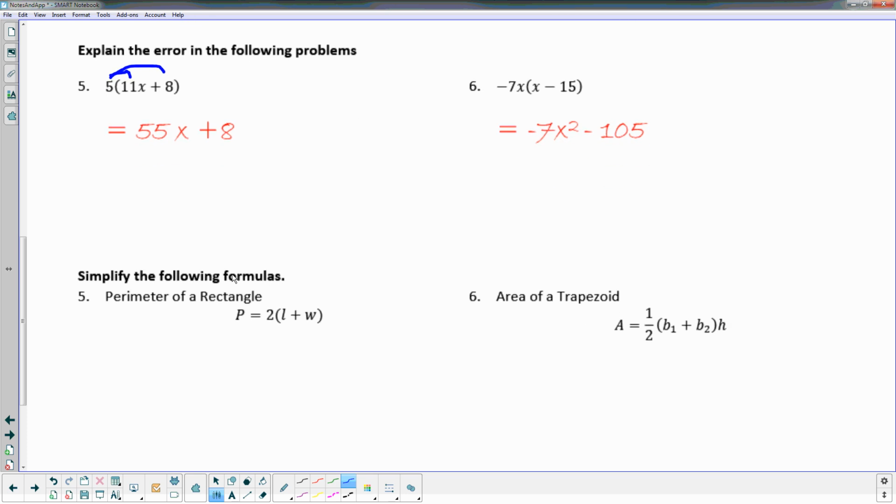In the last 2 problems, we're just looking at simplifying the formulas or writing these formulas a different way, just using, it looks like, distributive property. There's really no rhyme or reason as to why you would want to simplify these.